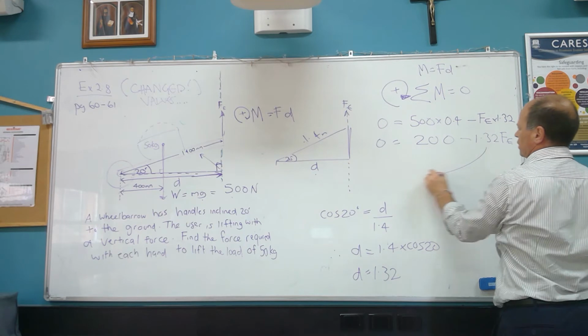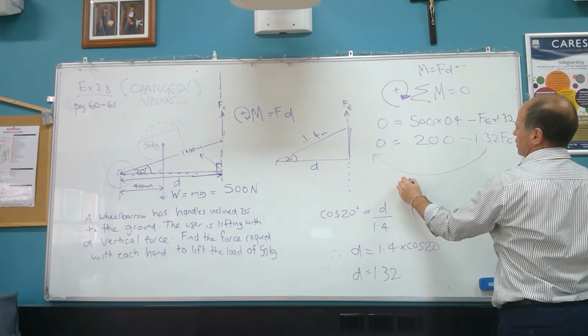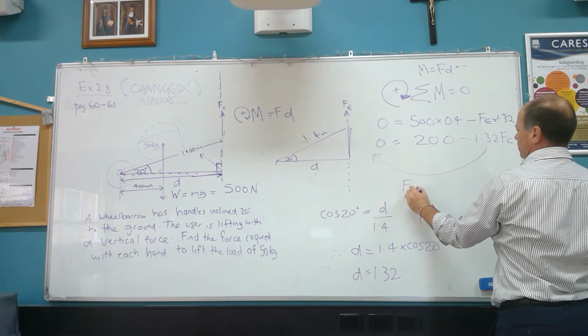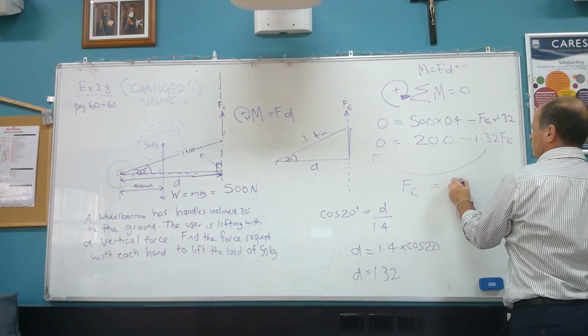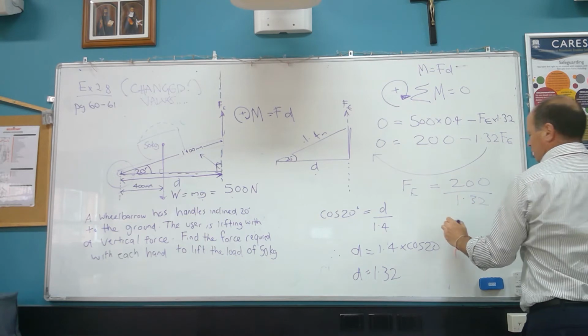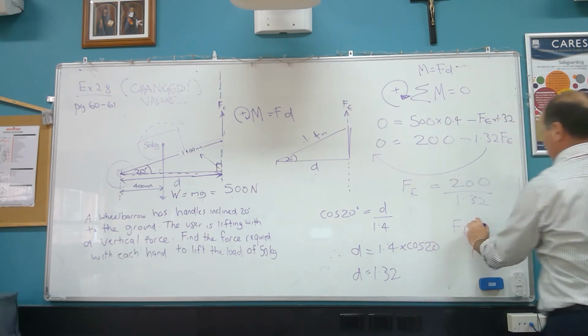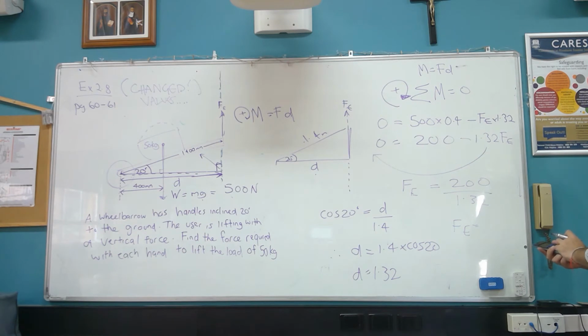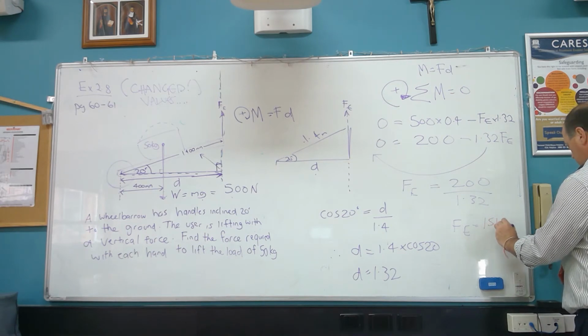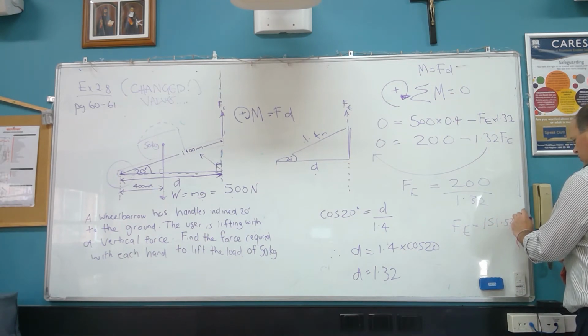Now we can take that force of effort over the other side of the equal sign, and it becomes force of effort is equal to 200, we divide by the 1.32. Force of effort equals 151.52 newtons.